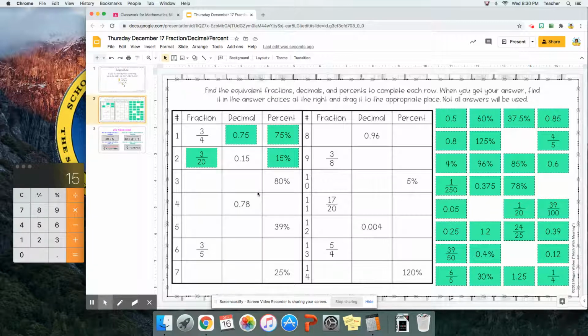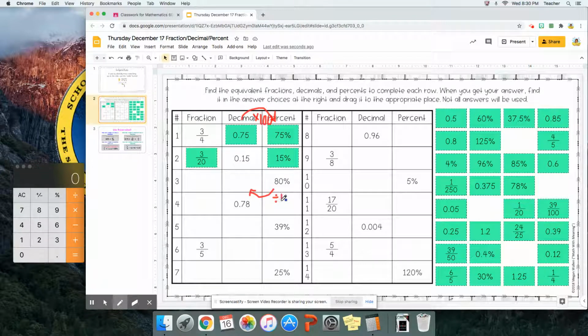Let's do one more together where you start with a percent. When we were going from decimal to percent, we were multiplying by 100. This time we have to work backwards from percent to our smaller decimal. Because we're working backwards, we can do the opposite of multiplying by 100.